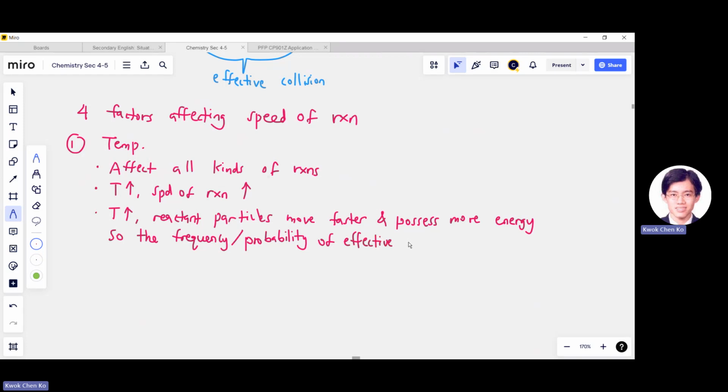You need to write effective collision. Increases. Let me highlight for you as well. This one, super important phrase.